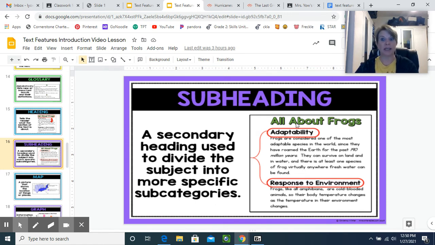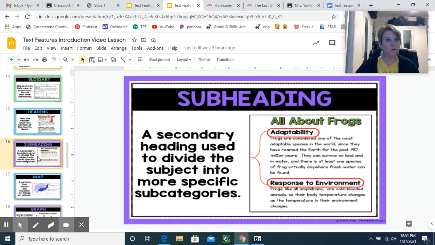So remember, we're talking all about frogs in this section, but in the first part of that section, we're going to talk about adaptability. So that is my subheading. My next subheading is where we're going to talk about response to environment.